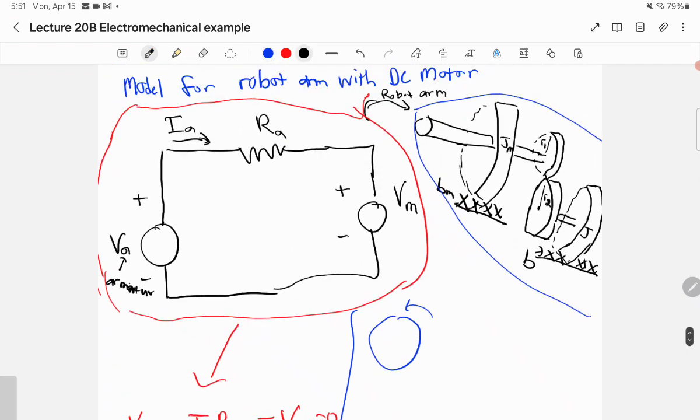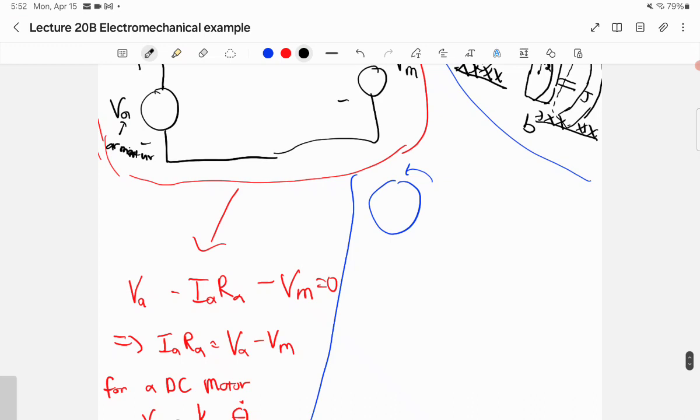Oh, I didn't give you this part, did I? This is tau m. This is going to be theta m. I'm going to define my direction like this. This direction is going to be theta. Okay.